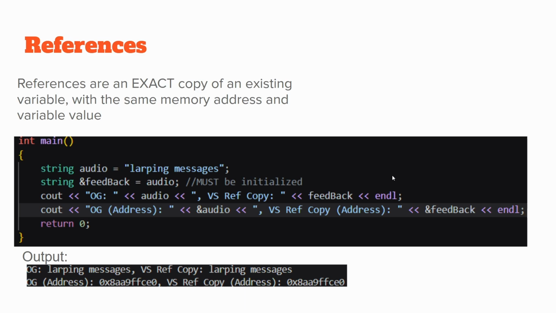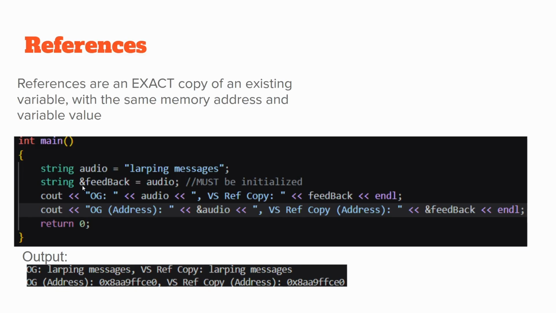Now we can talk about references. References are another type of variable in C++ where they are an exact copy of an existing variable with the same memory address and variable value. So in this example, I declared an audio variable that is equal to a string message, and then I declared a reference variable which is equal to that variable.